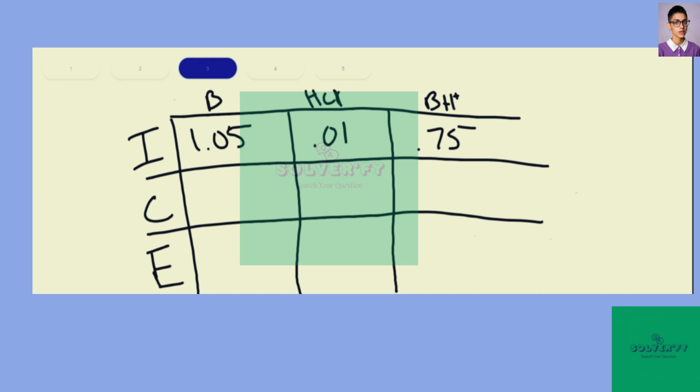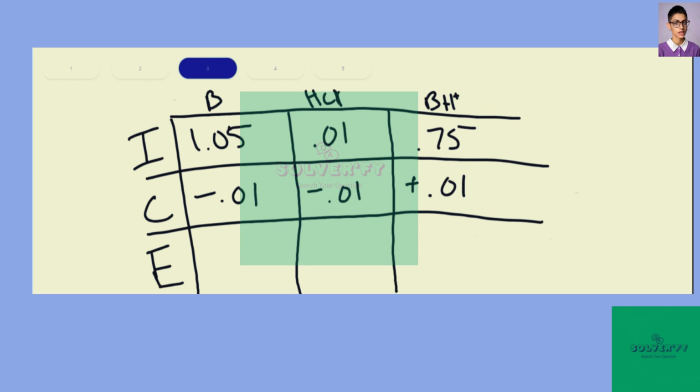Okay, and these are all in molarity, and that makes it easier for our units. So if we subtract 0.01 molar from our base, because it's an acid, so it takes it away from the base, this is also subtracting from the hydrochloric acid, but it's adding 0.01 molar to the acid.